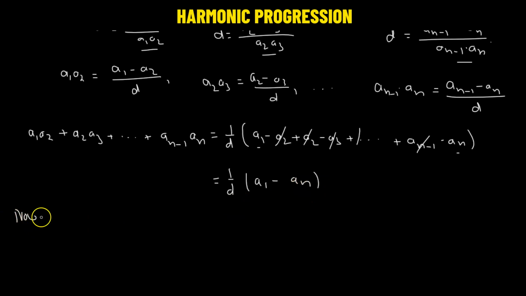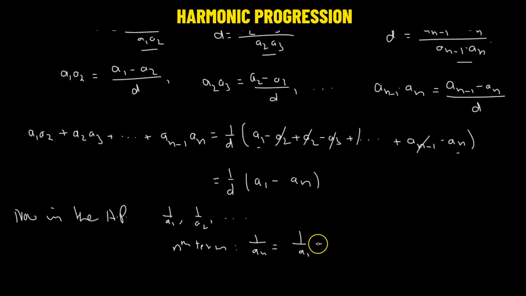Now, in the arithmetic progression, the one that we chose, which is 1 over A1, 1 over A2, all the way up to the nth term, the nth term will be given by 1 over AN. So it is simply the first term, 1 over A1, added to n minus 1 times the common difference D. Fine.